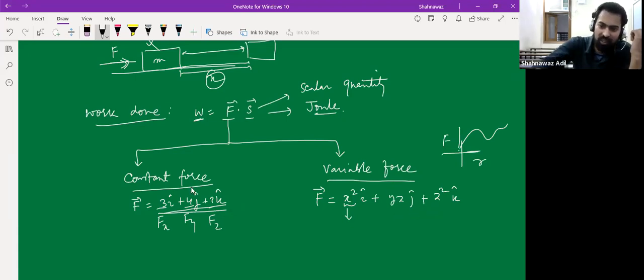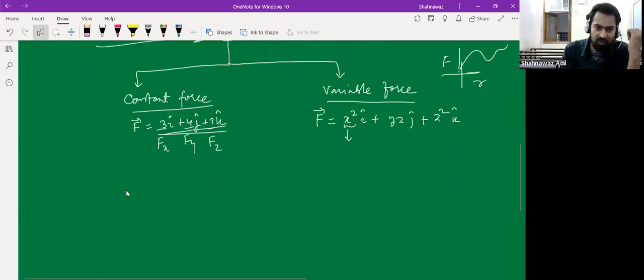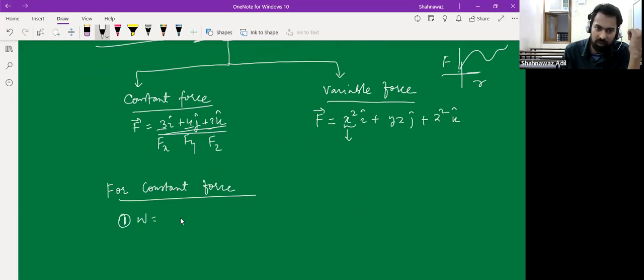So you define the work done with respect to these two. Your work done for the constant force will be simple: F dot S, which you already know is Fs cos theta.